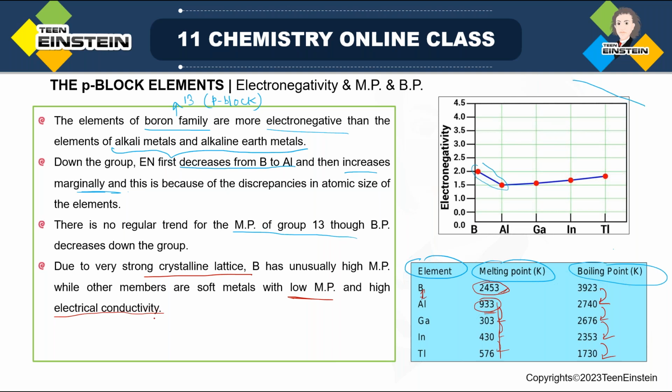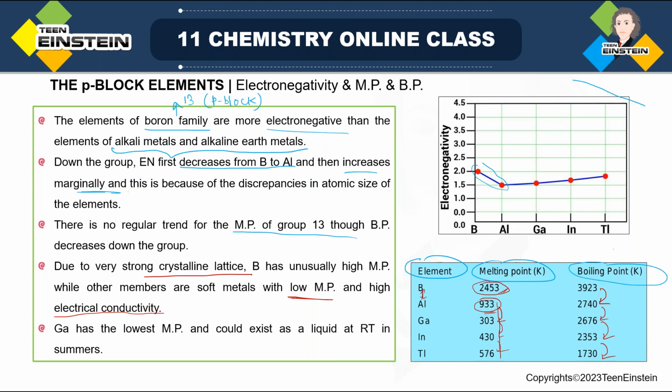So among all these, you cannot say boron is a metal. It is not in the metal category because it is the first element, and also it is in the P block. Down the group metallic character increases, that is fine, but boron is not a metal, and there is a strong crystalline lattice present. That is the reason for its not just high, but unusually high melting point.